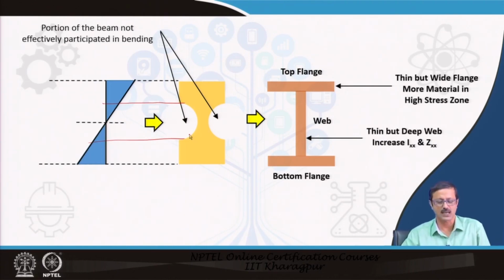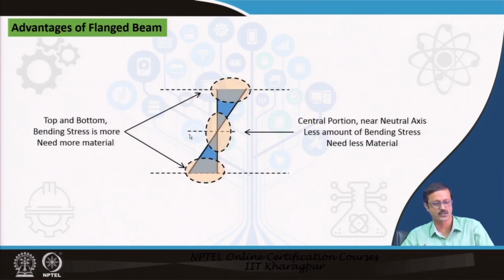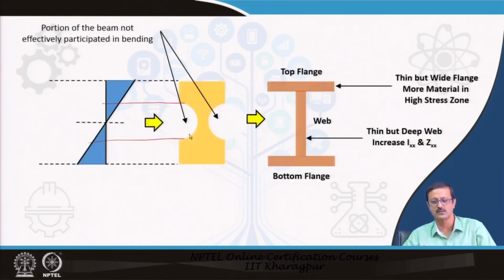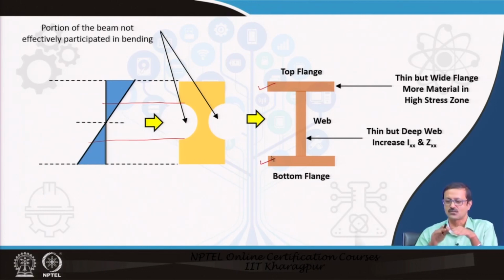Now, as we have discussed earlier, from the point of view of material concentration, see these flanges, both the flanges are thin but wide. So, more material is concentrated at the top and bottom, which is required in the high stress zone, whereas the web is deep, long and thin, and the concentration of material per depth is not that much.